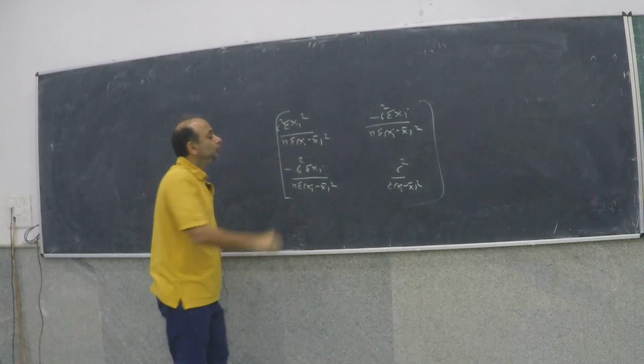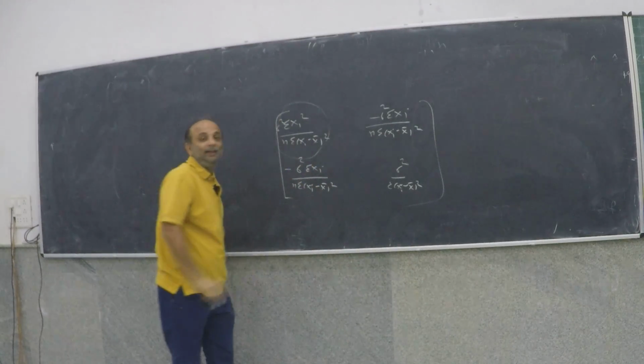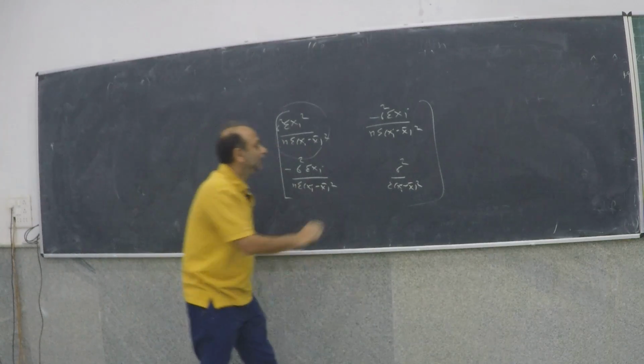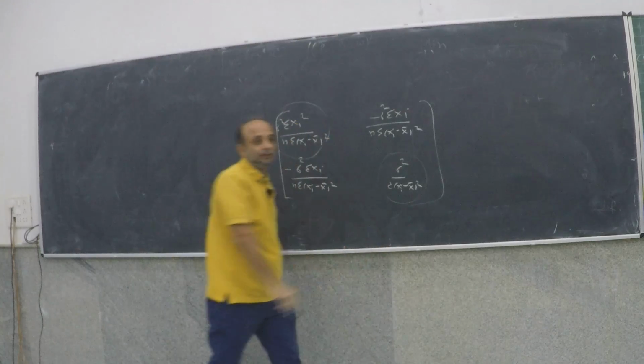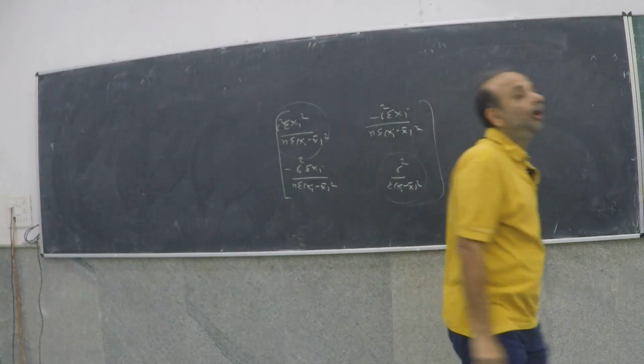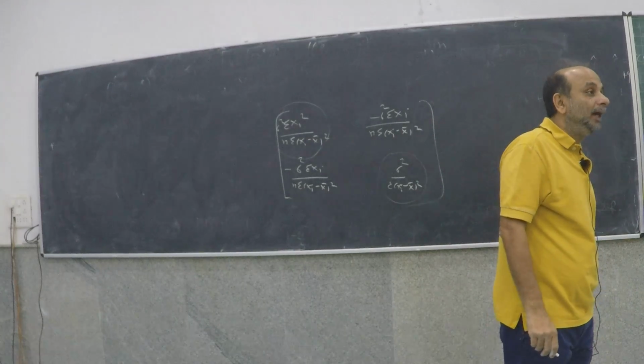Right? So the first row, first column must be the variance of alpha hat. The second row, second column must be the variance of beta hat. And the off diagonal elements are the covariances of alpha hat and beta hat.